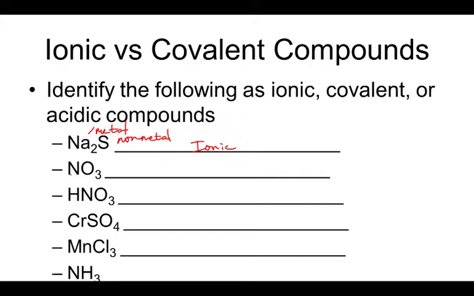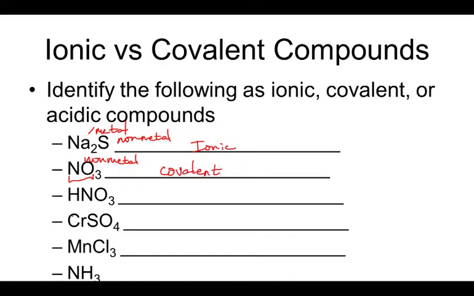Now, NO3, well, you guys probably recognize this is one of our common polyatomics, but because we don't have a charge here, you know it's not a polyatomic ion, so we're just going to name it as covalent, because both of these guys are nonmetals, right? So this is covalent.